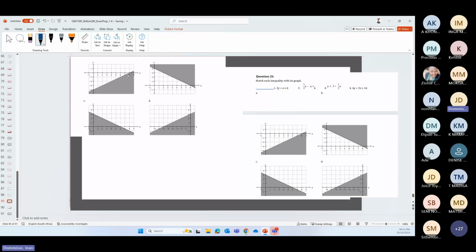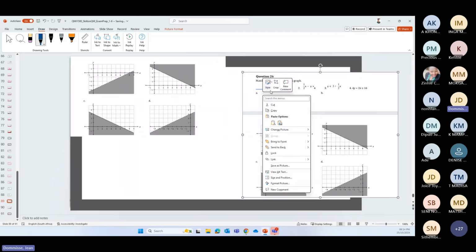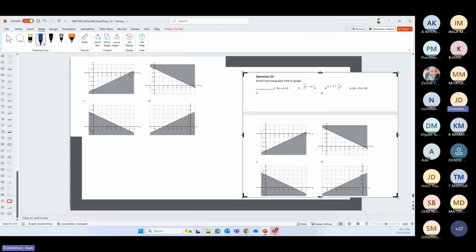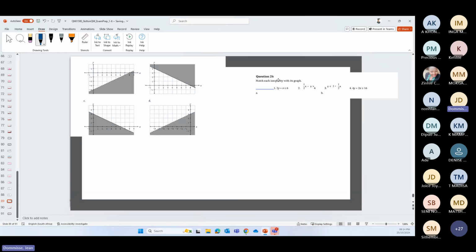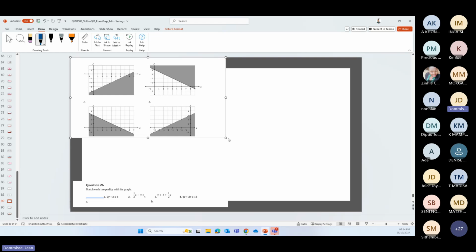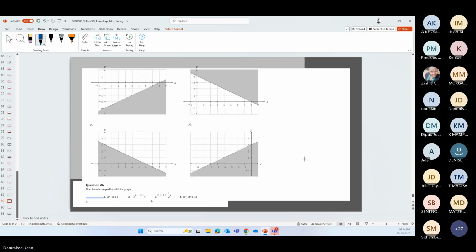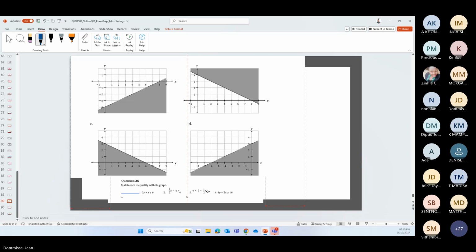So you will get a question on the straight lines or the inequalities and those kind of things. Okay, so they basically ask us, and I just wanted us to look at, here's the four graphs or inequalities, and we need to say which one goes with which one.